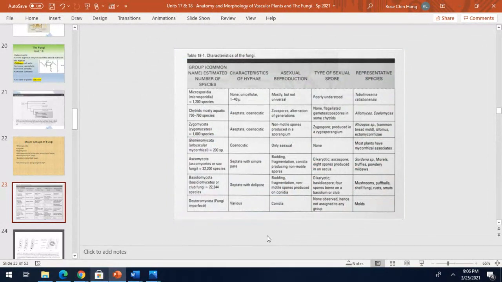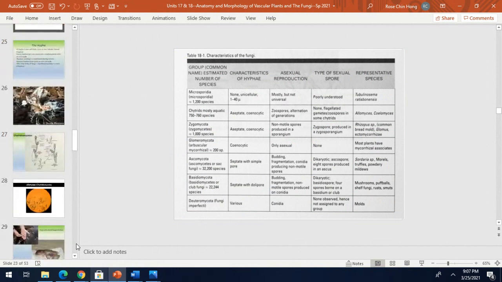So conidia too, also in Deuteromycota. We have it in Basidiomycota, we have it in Ascomycota. So these 3 have asexual reproduction by conidia. But also in the Ascomycota and Basidiomycota, they have budding and fragmentation as forms of asexual reproduction.